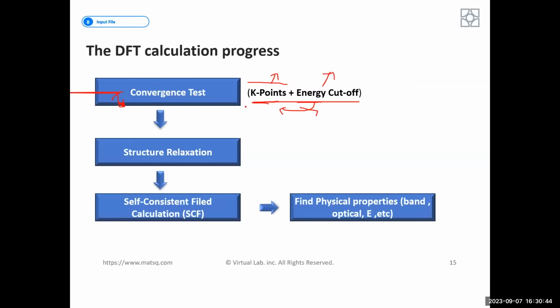So you have to do this. Conducting a convergence test for the energy cutoff means increasing the cutoff values and performing the calculation at each step.